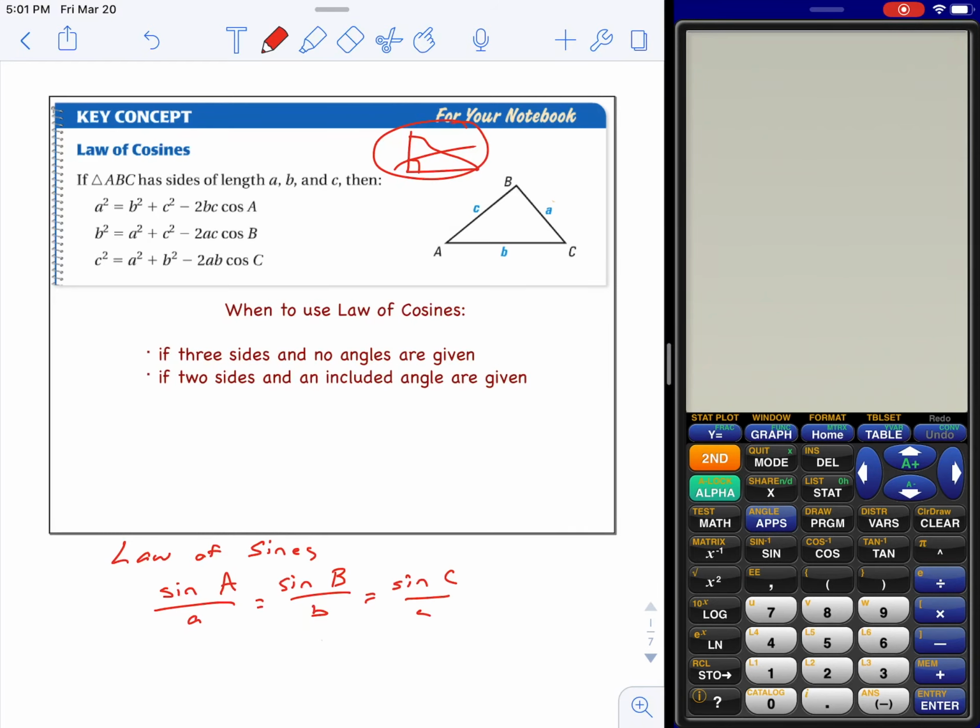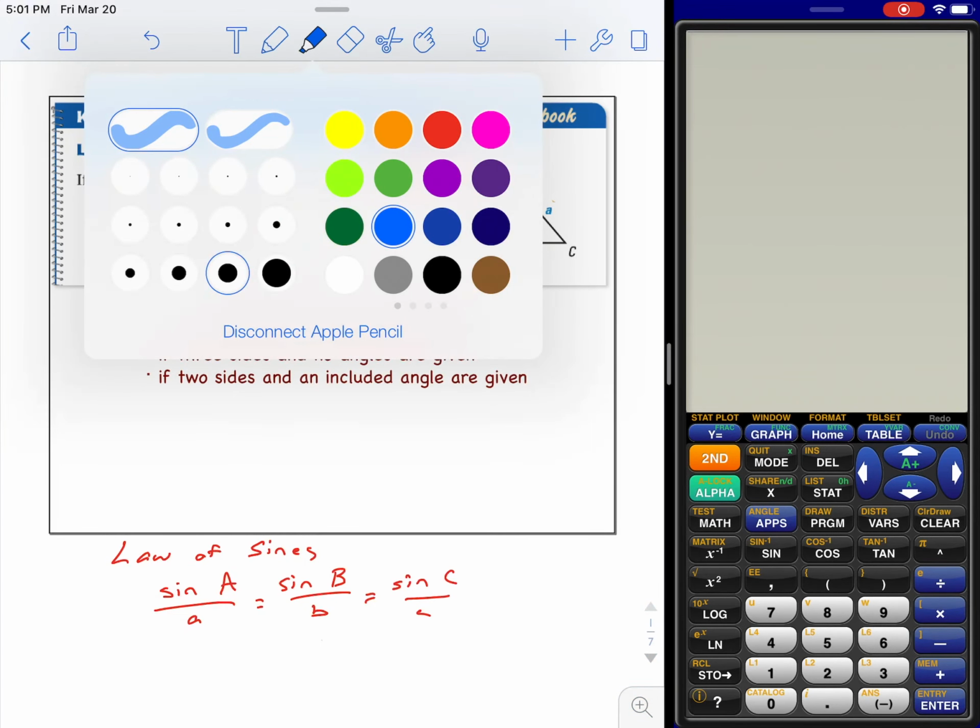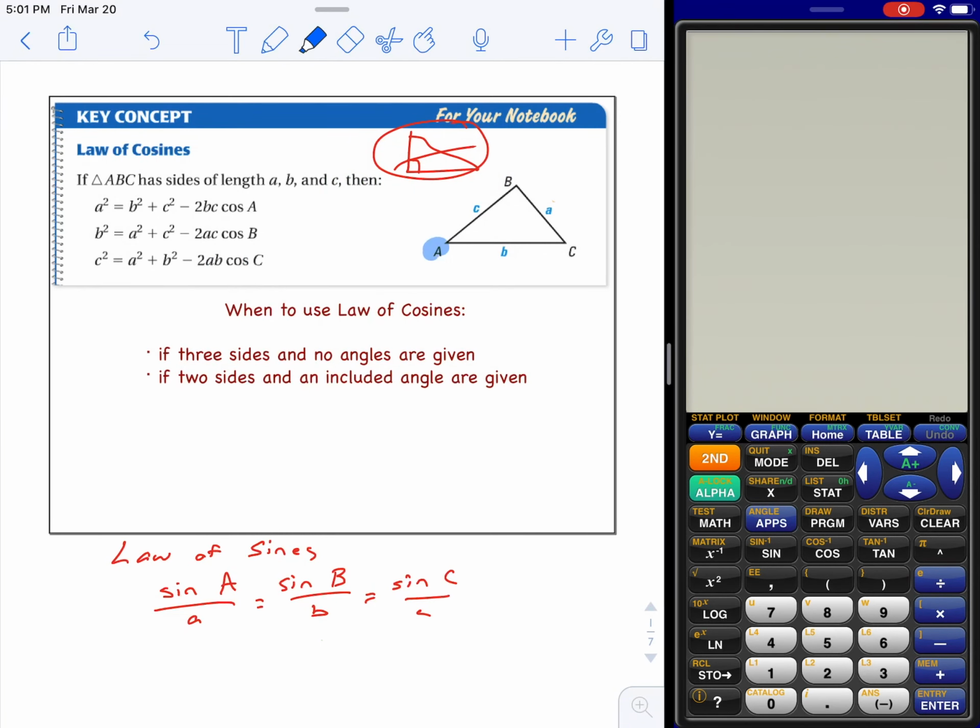Well, the one issue that we have with the law of sines is that we always need a matched pair, meaning I would need angle A and side A so that I could fill in completely one of these, and then if I had only, say, side B, I could fill it in and solve for angle B. If I only had angle C, I could fill that in and solve for side C. But I always need at least one matched pair, be it the B's, the A's, or the C's.